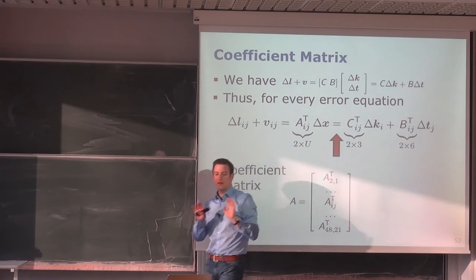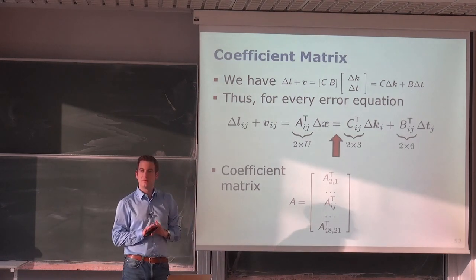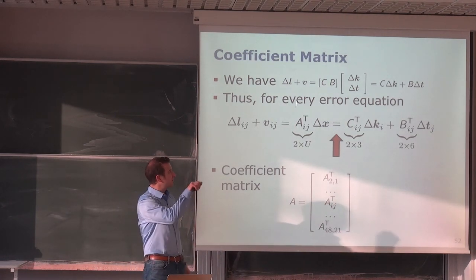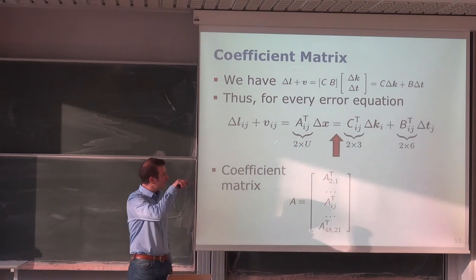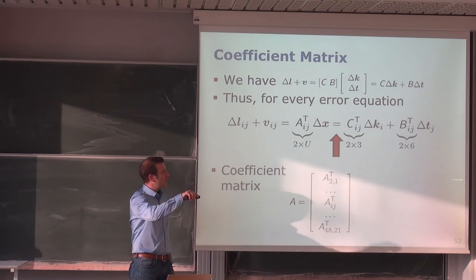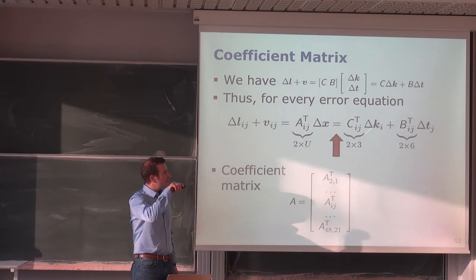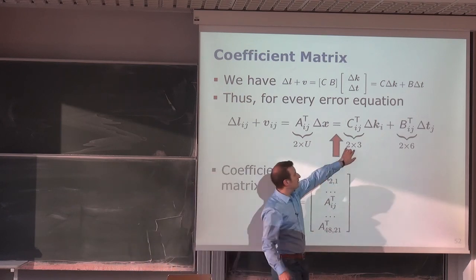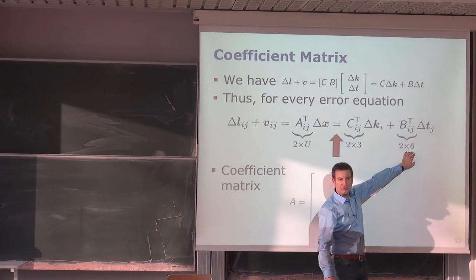I just have these two elements which matter. So this is one of those rows in A, and this row times delta x can be expressed by this expression where only a 2 by 3 matrix and a 2 by 6 matrix matter.